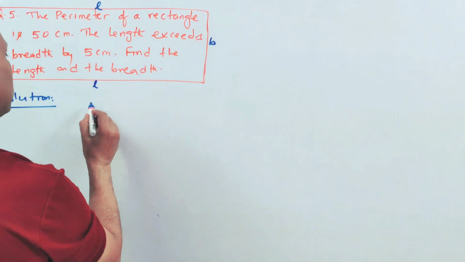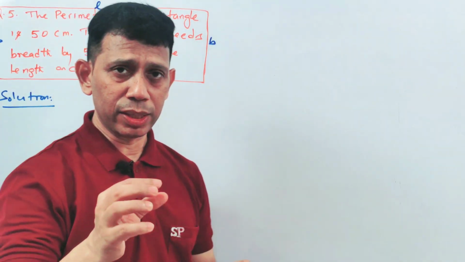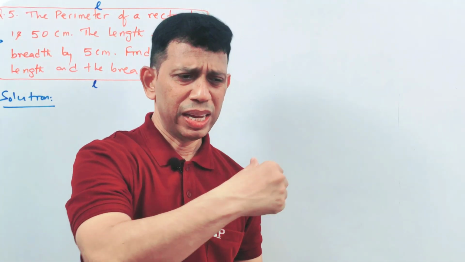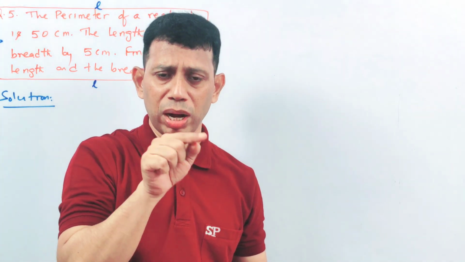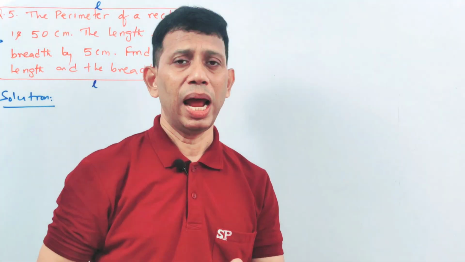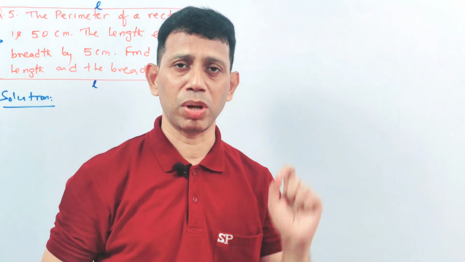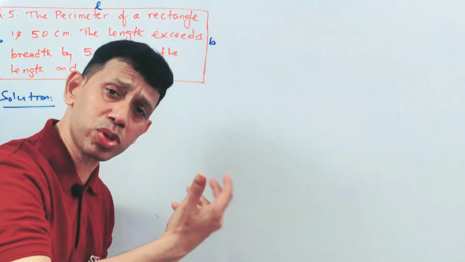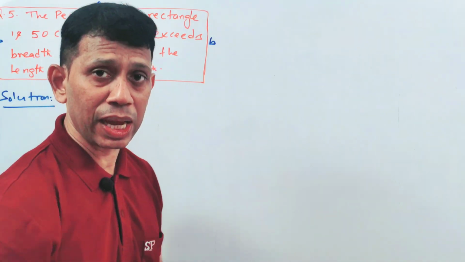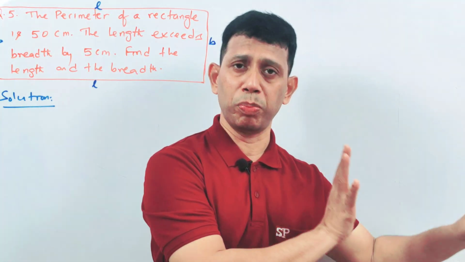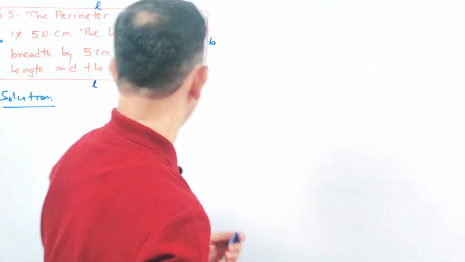So again, I will tell you, you can take the length and breadth in terms of x, or you can do as such, because for length you will use the symbol L, and for the breadth you will use the symbol small b. You can use capital B also, not an issue. There is no restriction about that. Or you can take length A and breadth B also, according to your wish. No problem.